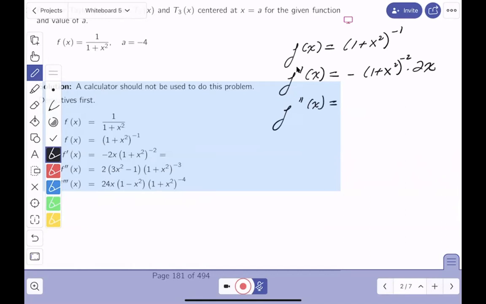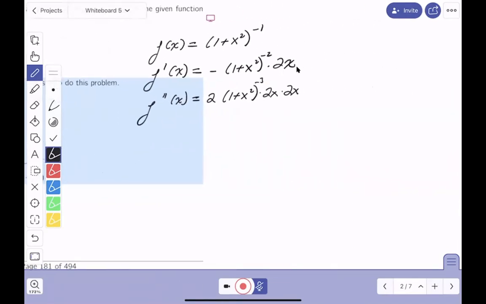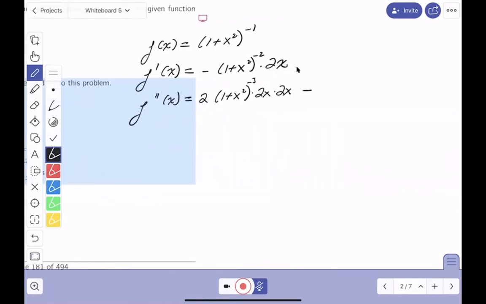So it's going to be, let's see, I'm going to take the first guy. So it's going to be 2, 1 plus x squared to the minus 3 times 2x times 2x. Let's do the next guy. That's going to be minus 1 plus x squared to the minus 2 times the derivative of 2x, which is 2.